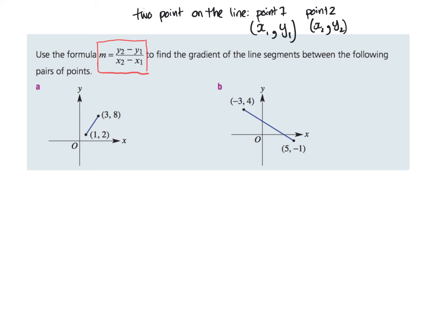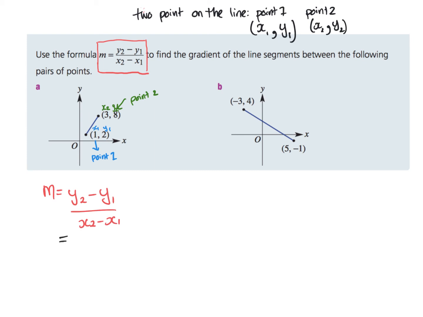So over here, I'm going to call this point 1, so this will be x1 and y1. And I'll call this point 2, so x2 and y2. Okay, so if I use this formula, m equals y2 minus y1 over x2 minus x1, I'm just going to substitute in.